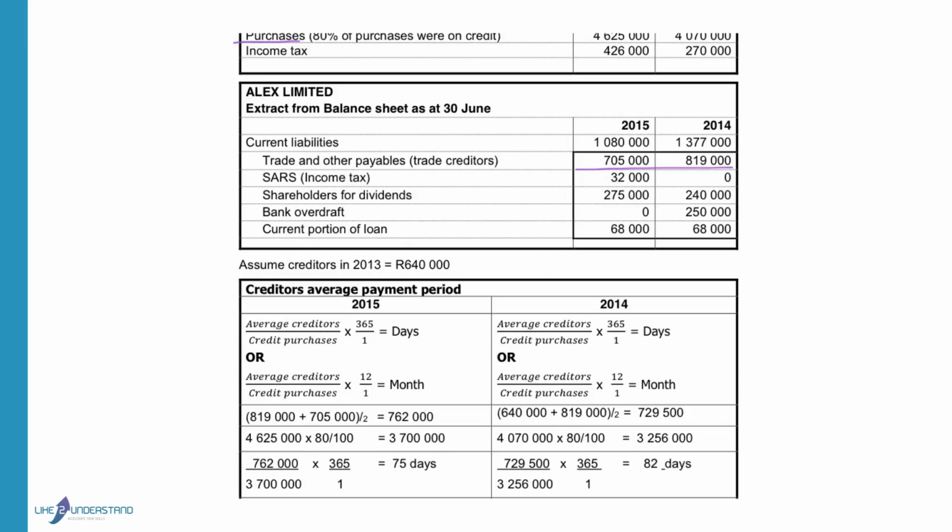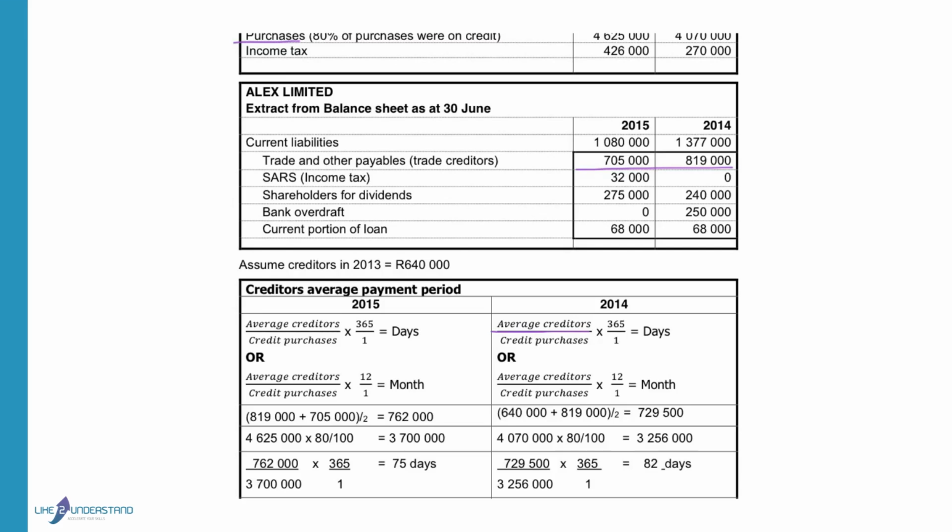To determine the creditors' average payment period, we must look at the average creditors, so it's the creditors at the end of the previous year plus the creditors at the end of the current year divided by 2, and we must determine the credit purchases.